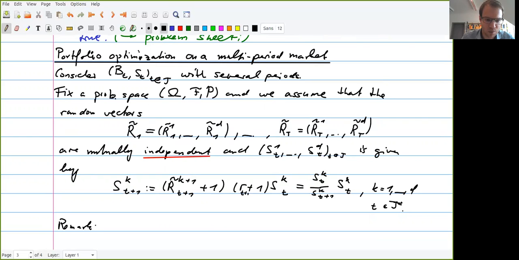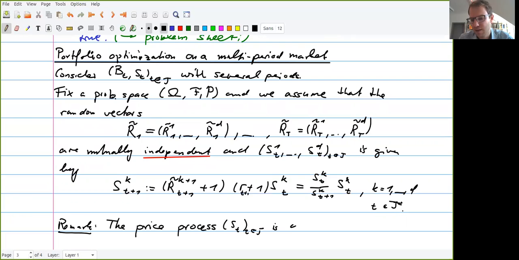This is just a side remark, which is not super important for the understanding of the rest, but by making this decision, we ensure that the price process is a Markov process.